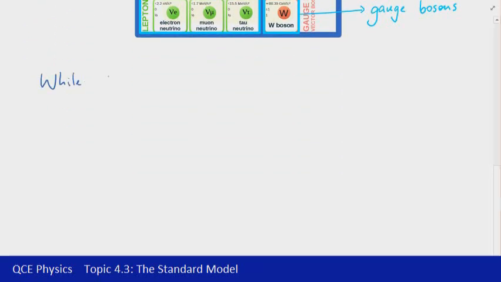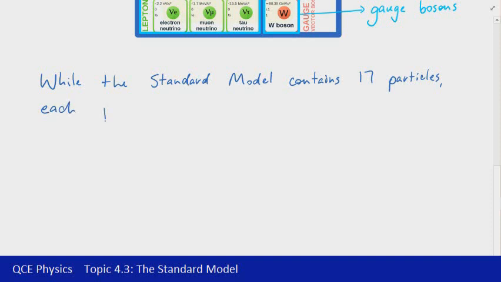The 17 particles are very much the fundamental building blocks of everything that we can see around us, but there are some other aspects to consider about matter, and the reason why we need to worry about more than 17 particles is that each particle also has an antiparticle associated with it, and an antiparticle is something that you need to be able to define.